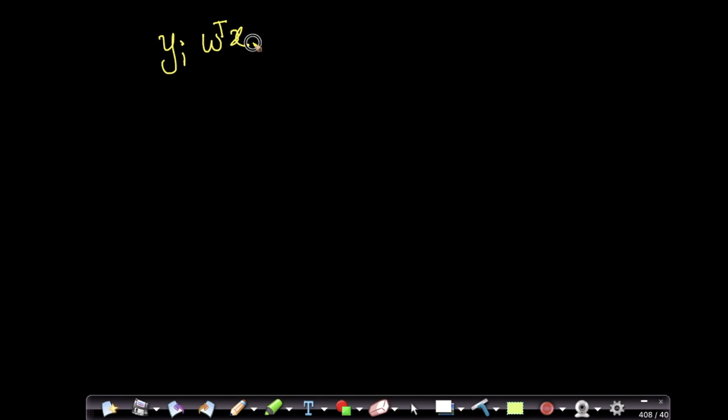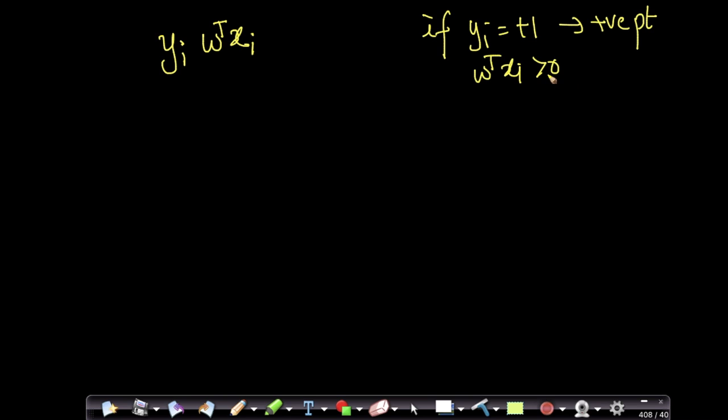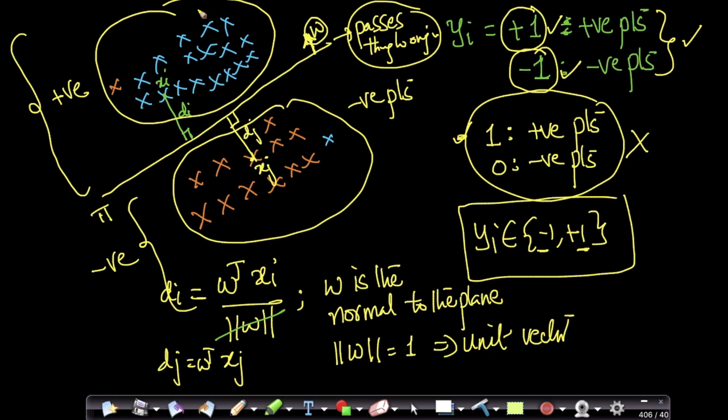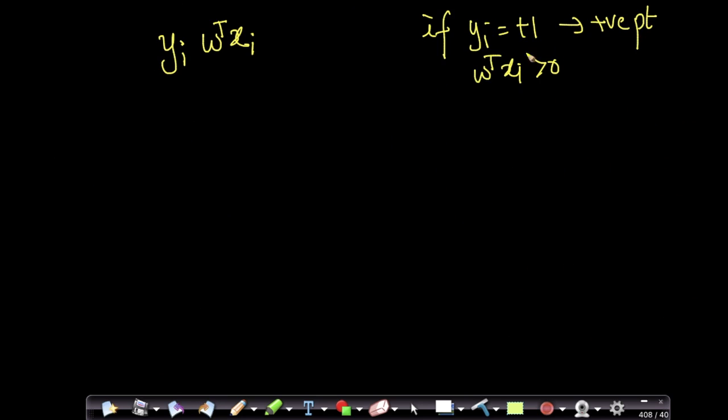So if Yi times W transpose Xi, let's see what happens to this. If Yi is plus 1, which means it's a positive labeled data point, and W transpose Xi is also greater than 0, what does it mean? My classifier is saying it's a positive point. So if the actual class label is positive, my classifier is also saying it's a positive point. So what happens to Yi multiplied by W transpose Xi?